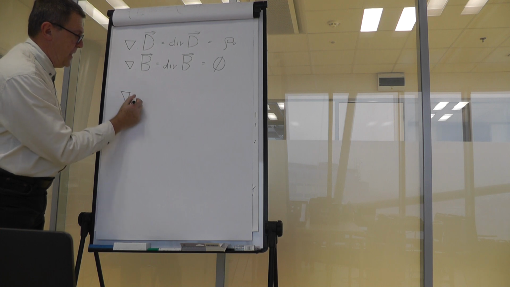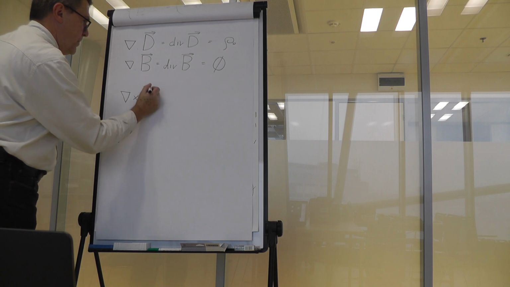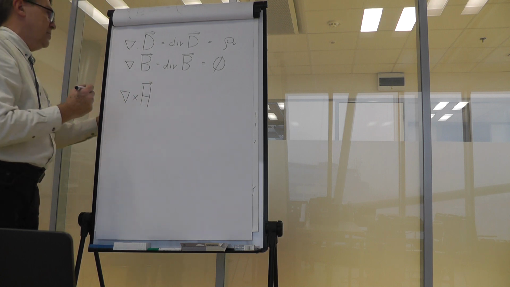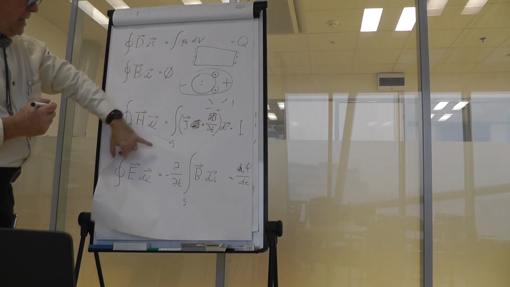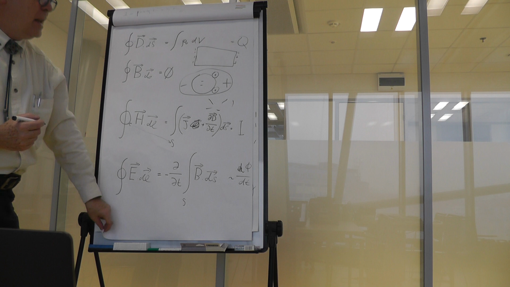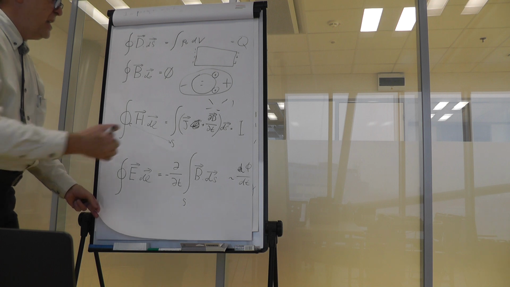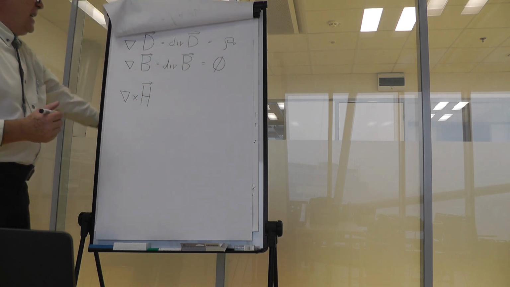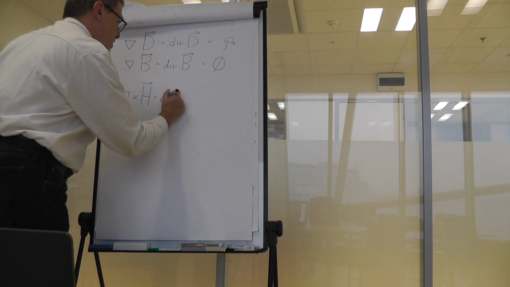We have nabla vector product with H, that's it. And on the right side we would have densities of flux, that is electric current, which is the density of flux of charges, conductive, and displacement. So the right side, I just add that this is called circulation.